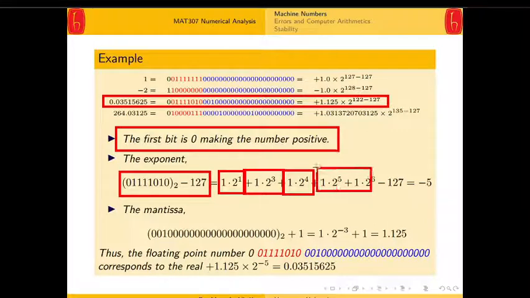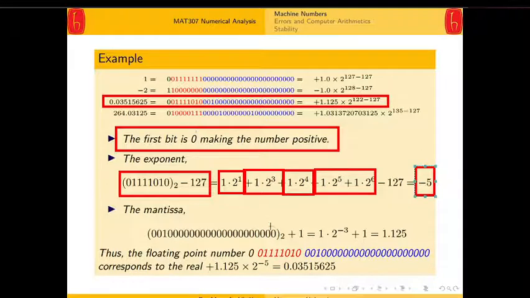So this is the binary representation of this number, minus 127 for the bias, and we have -5, the actual exponent of the number, and the mantissa is 0 0 1 and all zeros then.